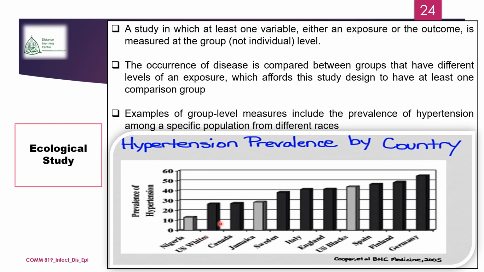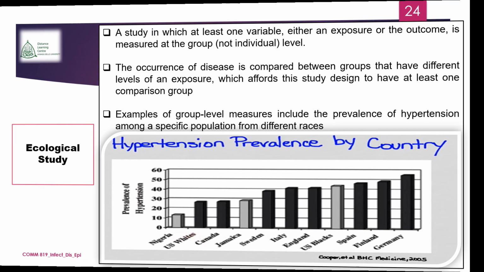So based on this, they rejected the hypothesis that genetics has anything to do with hypertension prevalence. So this is a kind of ecological study comparing different countries based on a certain risk factor, here race. So this is a typical example of an ecological study.